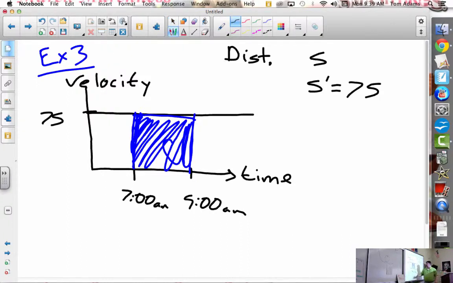So to find the area under the curve of this, I'm going to take the integral from 7 to 9 of the function 75 dt.